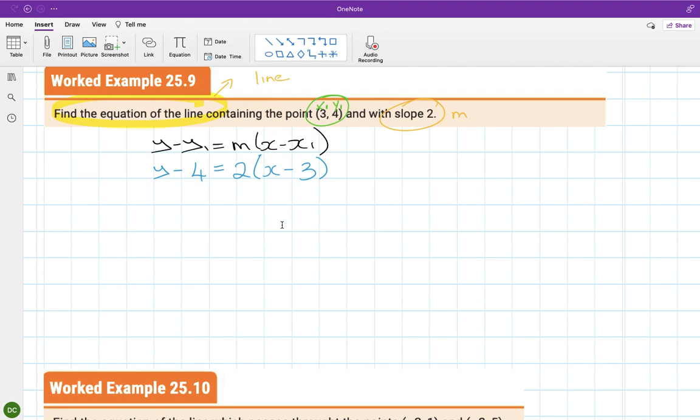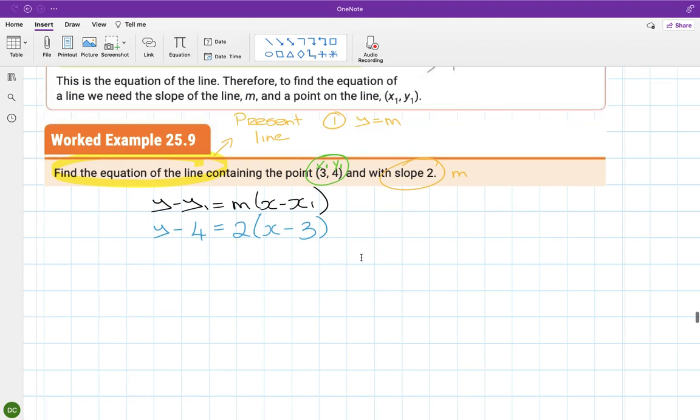If you can isolate y, it's definitely the easier of the two. So I would suggest always isolate y unless the question specifically asks you to do it a different way, because doing it the other way is work, and isolating y is not any work. You'll see what I mean in a sec.